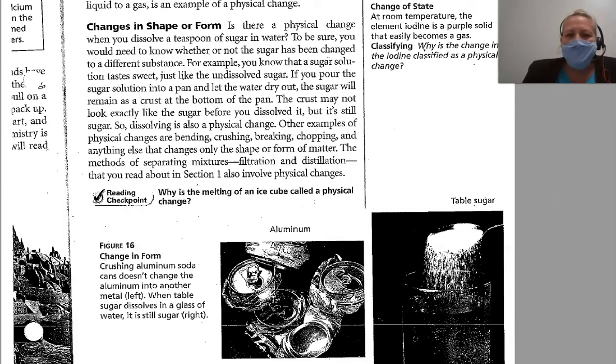Other examples of physical changes are bending, crushing, breaking, chopping, and anything else that changes only the shape or form of matter. The methods of separating mixtures, filtration and distillation, that you read about in section 1 also involve physical changes. Okay?